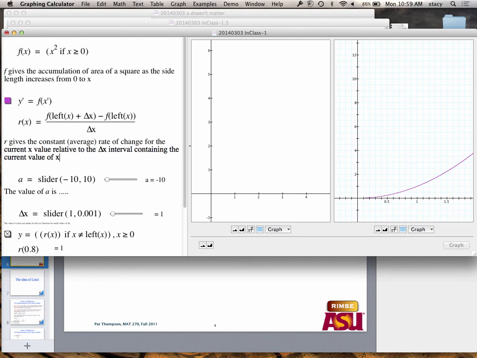Okay? So riddle me this. I've got an equation down here that's going to graph r of x in this left space. Okay? What is it going to look like? Cool. You want to go for it? Should we go there? What's it going to look like? Piecewise linear?